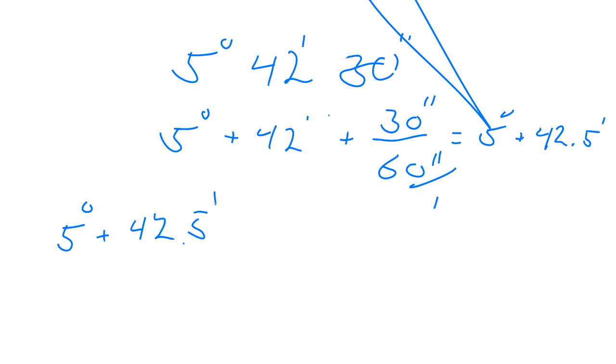We've gotten rid of the seconds. We just took the seconds, divided by 60 because there's 60 seconds in a minute, reduced that down to 0.5 minutes, and added the 0.5 minutes to the 42 to get 42.5.